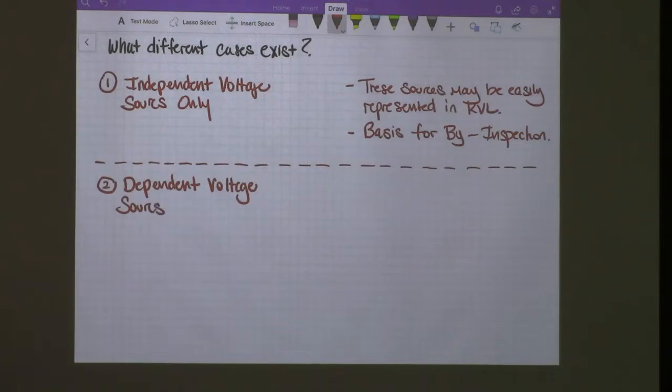Okay. So dependent voltage sources can still be represented within KVL, so we can still build our equations in the same way.